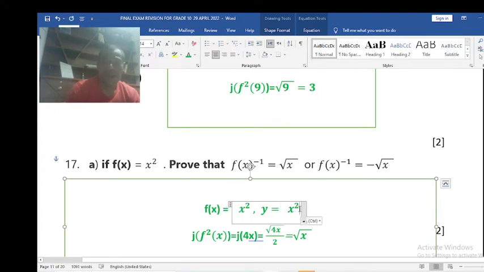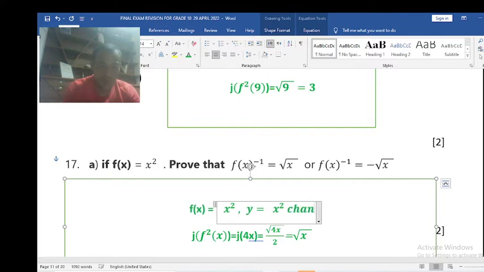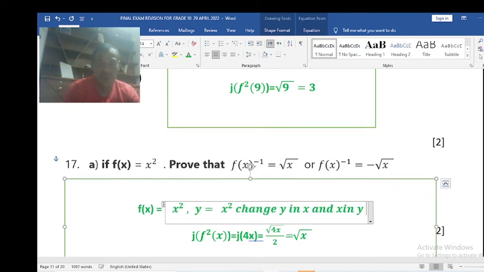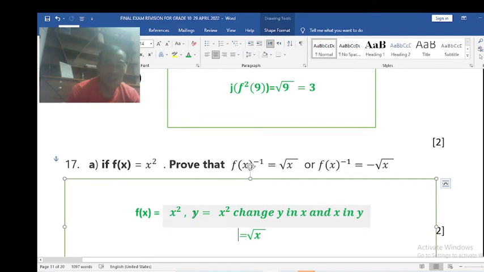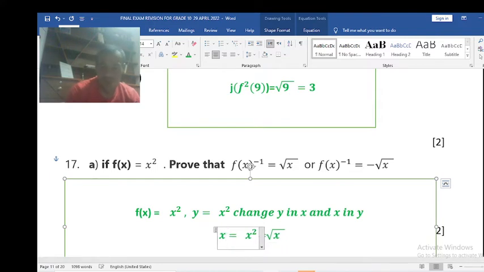Then let's change y in x, and x in y. It means that instead of writing x, I just make y the subject. This is x and this is y.